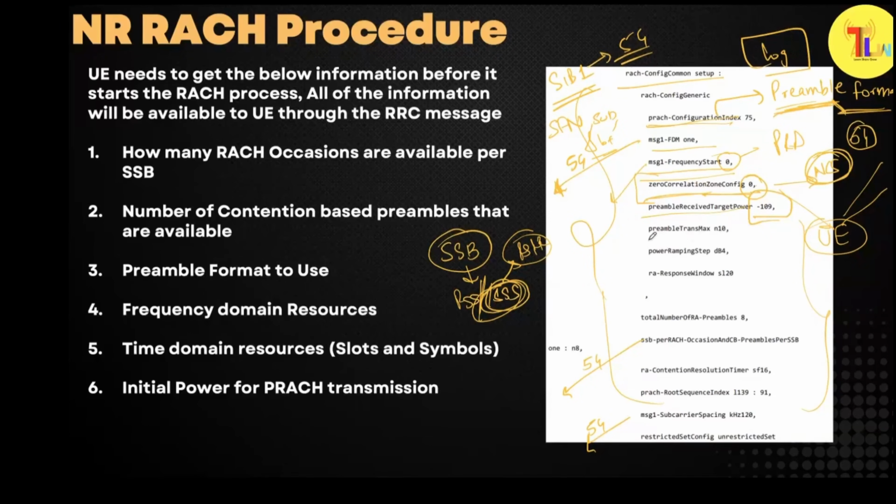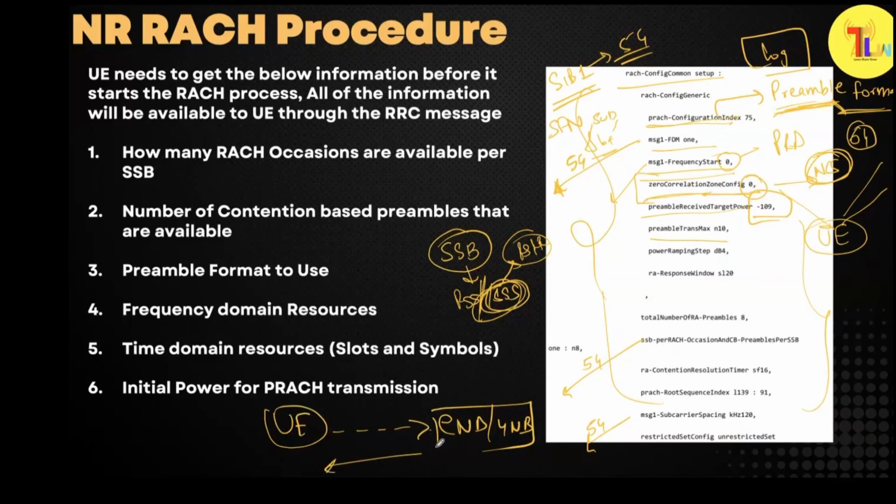Then we have preamble trans max. If for any reason you are sending your PRACH from the UE to the eNodeB or gNodeB and you are not getting the response, the message two. I'll talk about what will be there in RACH message two, but as of now, just try to understand.